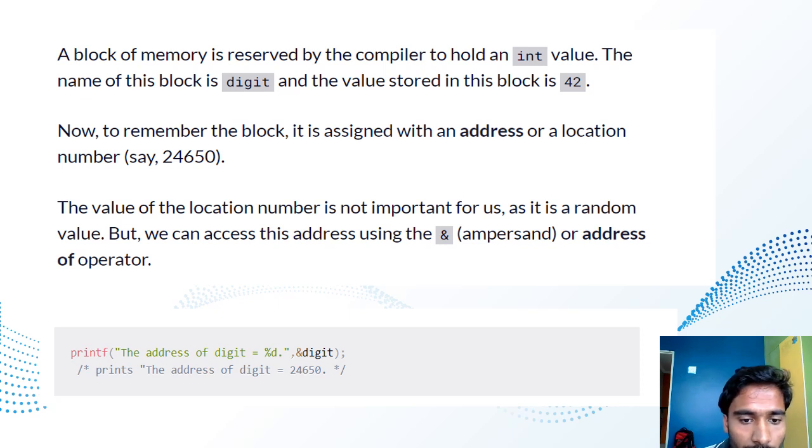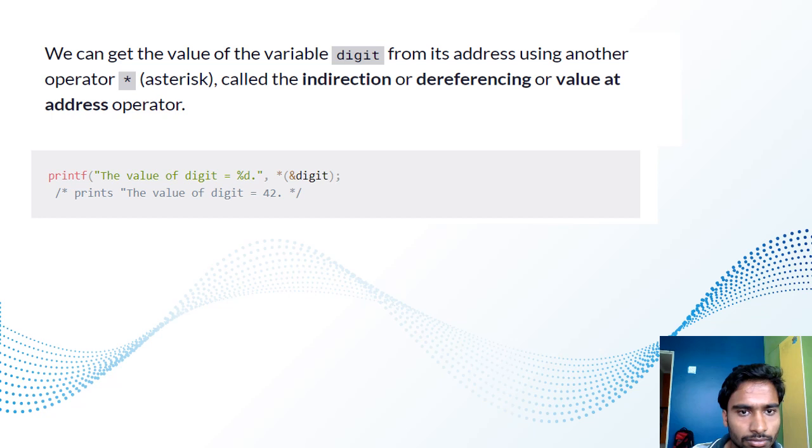Basically it prints the address of the digit that we have seen in the previous slide. Looking at the value of the variable digit from its address using another operator.